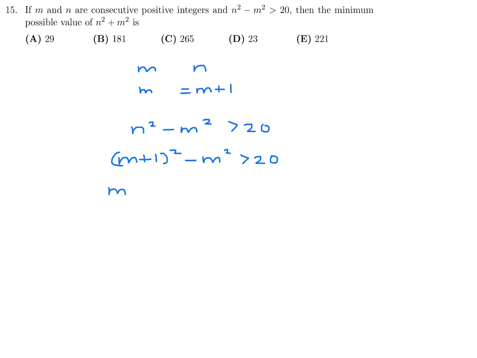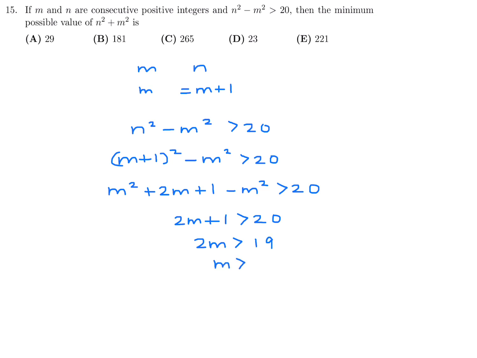Expanding, m squared plus 2m plus 1 minus m squared is greater than 20. The m squareds cancel, leaving 2m plus 1 is greater than 20. Put the 1 on the other side, and you get 2m is greater than 19, and therefore m is greater than 19 over 2, so m is greater than 9.5.